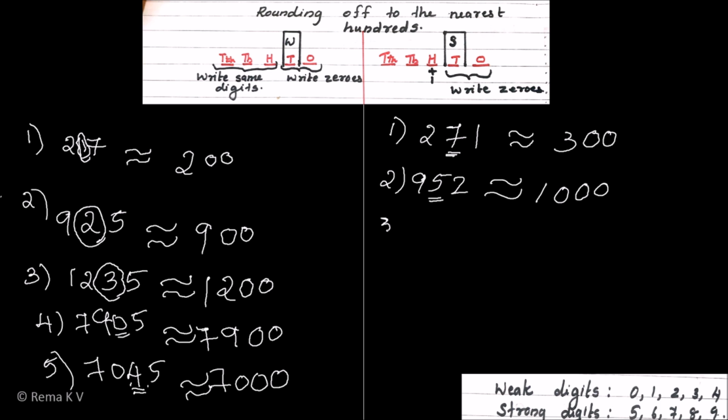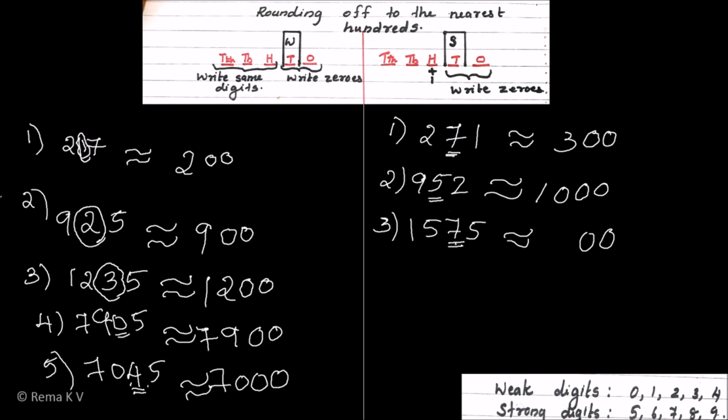Now the third one. It is 1575. This is rounded off to... In the ones place and in the tens place you have to put zeros. Then check the tens place digit.